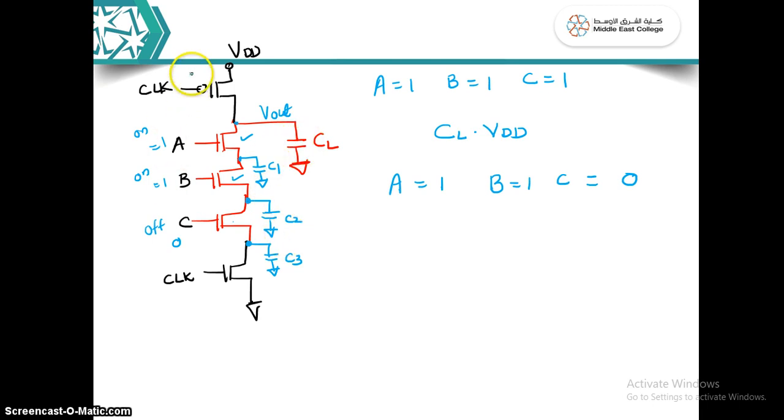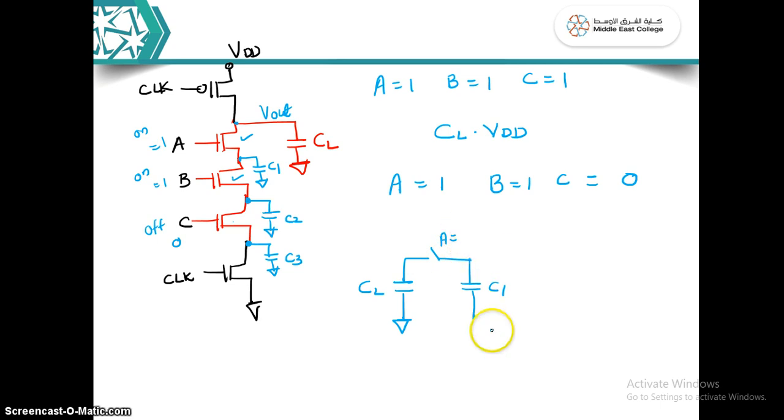Let me just draw that. This is your CL. CL and C1 are connected through the transistor A, which acts as a switch. If A is equal to 1, the switch is closed; A equal to 0 means the switch is open.